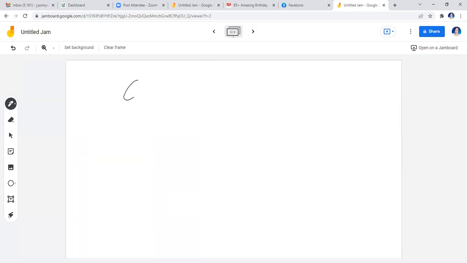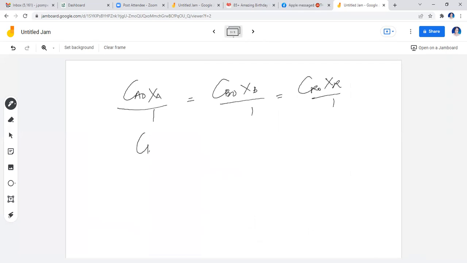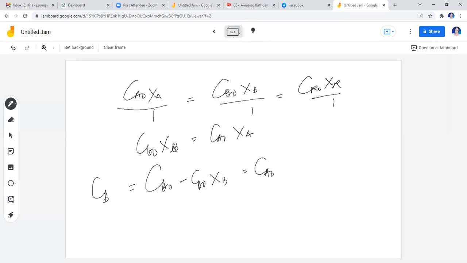Now, by stoichiometry, we know that CaO XA over 1 is equal to CbO XB over 1, which is equal to CrO XR over 1. Right? So your CbO XB is equal to CaO XA. From the formula CbO minus CbO XB for your C sub B, your CbO is just equal to CaO as given here.